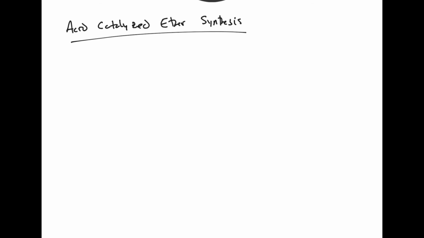To get around that, we have the acid catalyzed ether synthesis. This is where you take a double bond and acid and an alcohol and do effectively a hydration reaction.